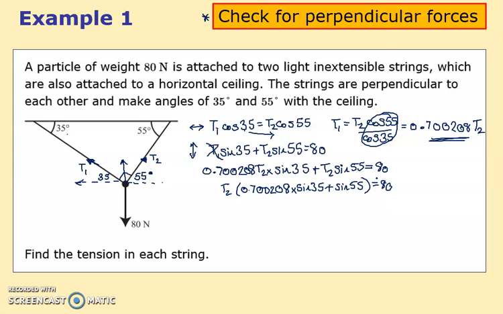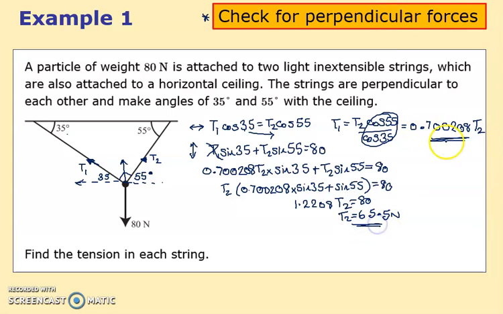I can just do what was on my screen, times by sin 35 plus sin 55. What do I get? I get 1.2208. So 1.2208 T2 equals 80. So I think I can just divide one by the other. 80 divided by that answer, I get 65.5 newtons.